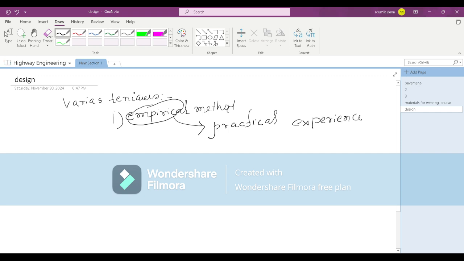Semi-empirical method. So what are the empirical methods?